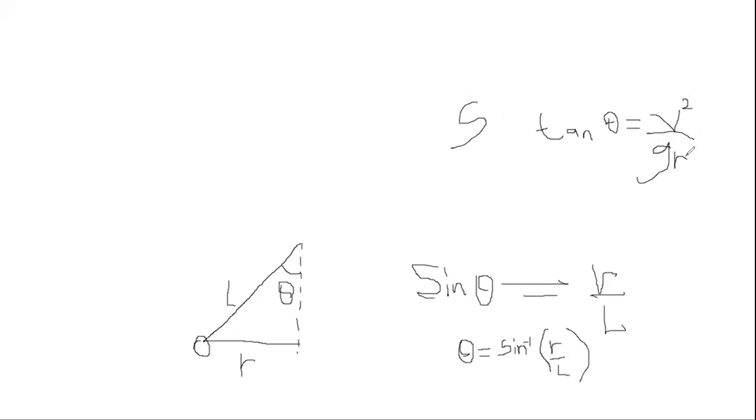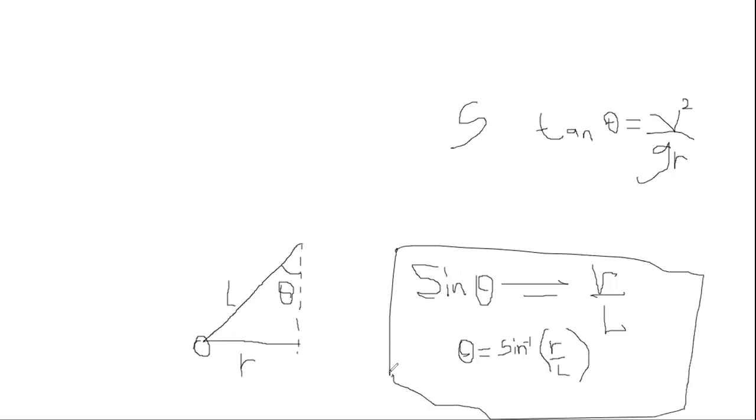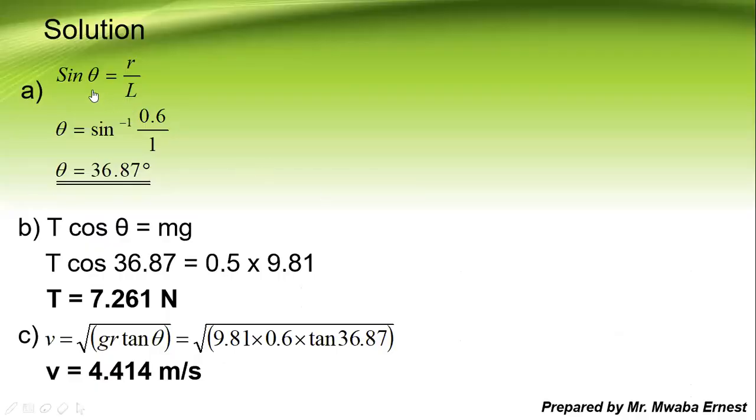But in this case, if you notice carefully, we do not have V. We're yet to find V. So we cannot use this expression to find theta. That's why we have come to this one, to make use of this expression right here. Now let's go back to where we are. So sine theta, like we have established, is equal to radius over the length.